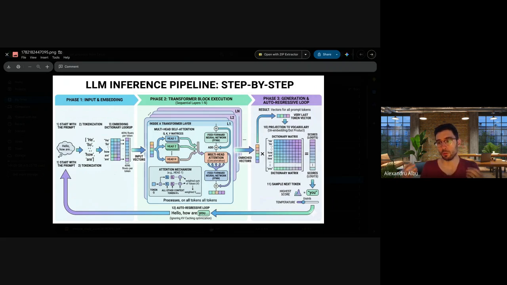Then you have different perspectives, and every attention head is built and trained in a training phase to move the token in that direction.